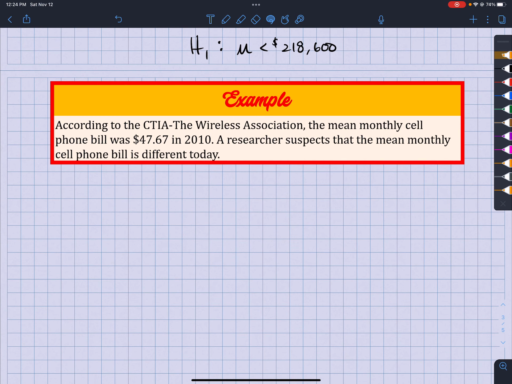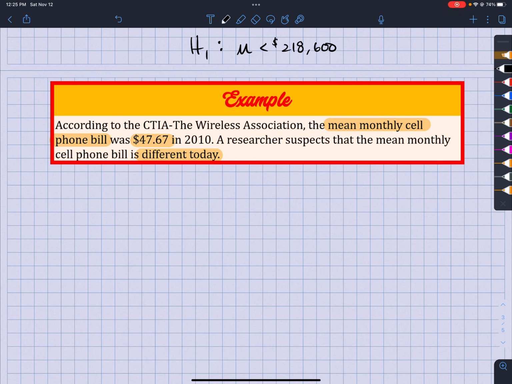All right, so let's take a look at the third. It says, according to the CTIA, the Wireless Association, the mean monthly cell phone bill was this amount. A researcher suspects that the mean monthly cell phone bill is different today. So different, not increased, not decreased, but different.